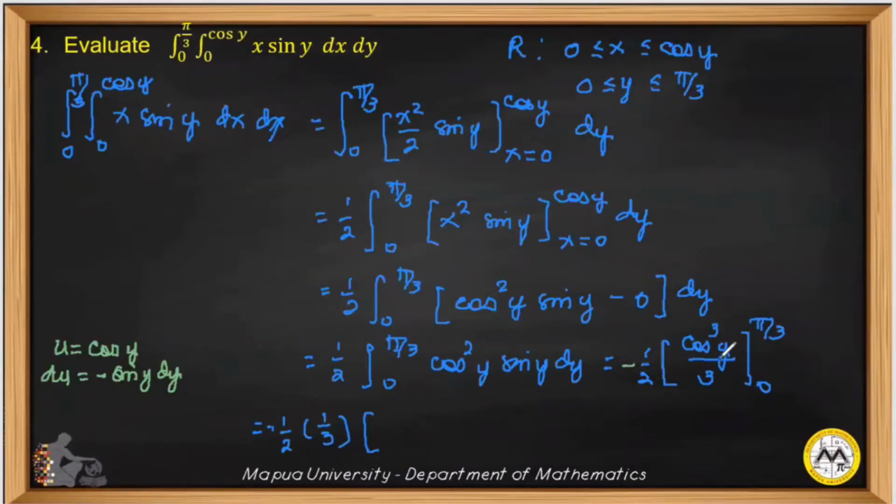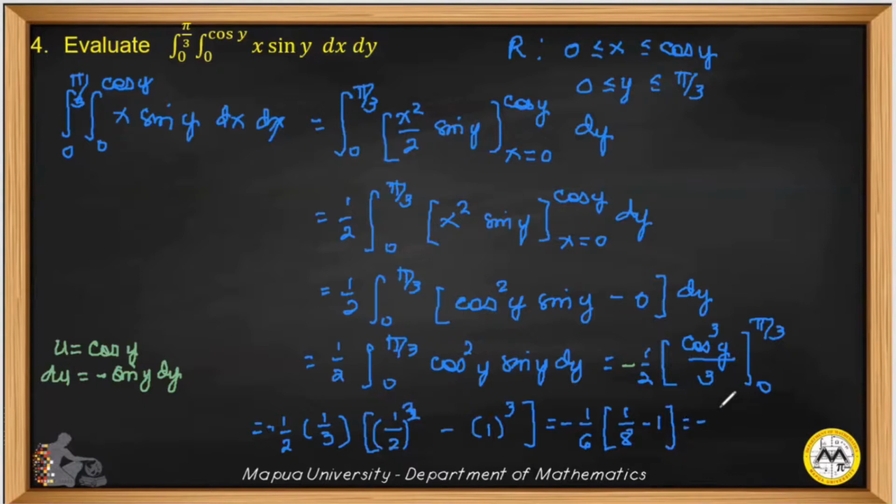Evaluating cosine cube of y when y is pi over 3 is cosine of pi over 3 raised to the third power, or cosine of 60 raised to the third power, and cosine of 60 is 1/2, raised to the third power, minus cosine of 0. Cosine of 0 is 1, so we have 1 raised to the third power. So simplifying further gives us negative 1 over 6 times the quantity 1 over 8, since 1/2 raised to the third power is 1 over 8, minus 1.